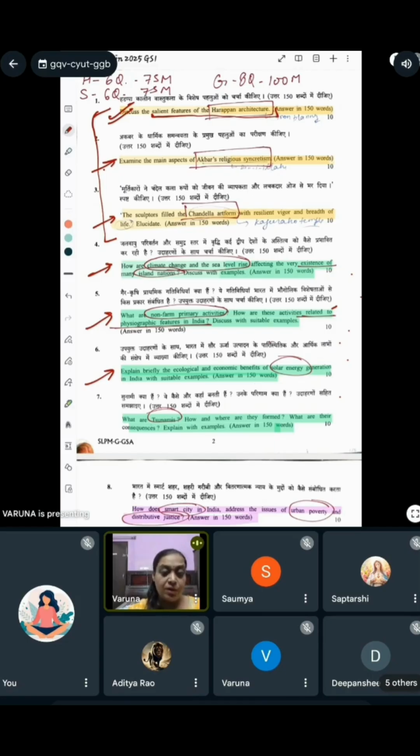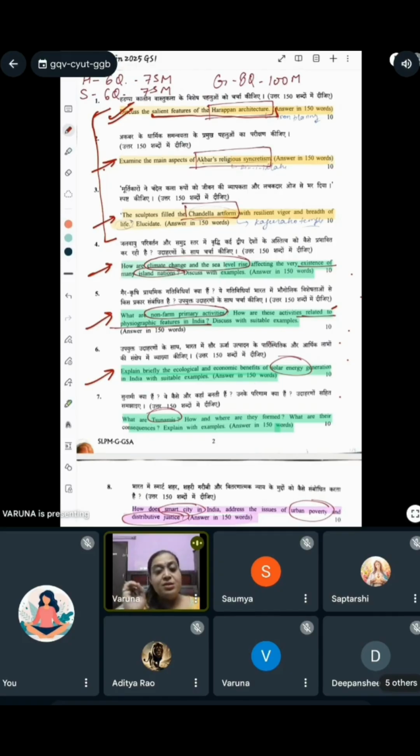We are well prepared with the data, examples, and everything. So that we need to do. We have to approach a particular topic from a multi-dimensional perspective. We need not limit ourselves to a particular GS paper and think, oh, it has been mentioned here only, so no overlapping, no interlinking needs to be done. No.